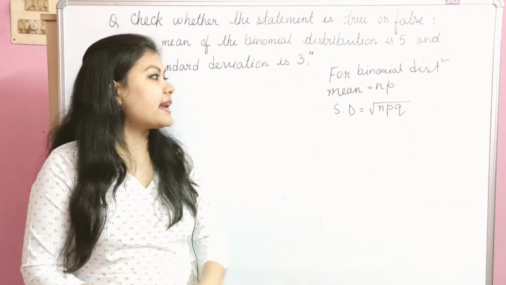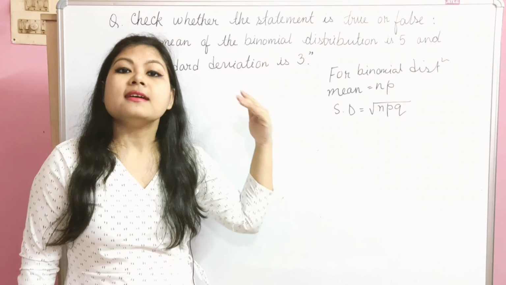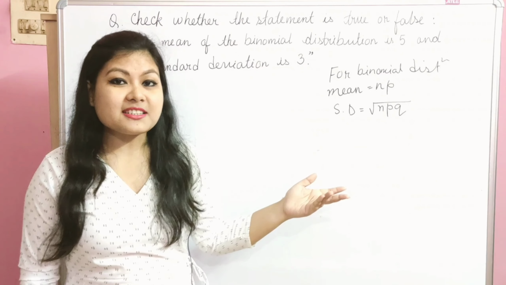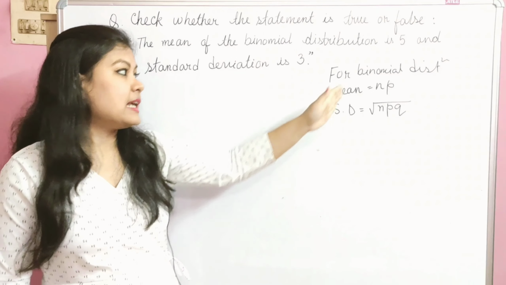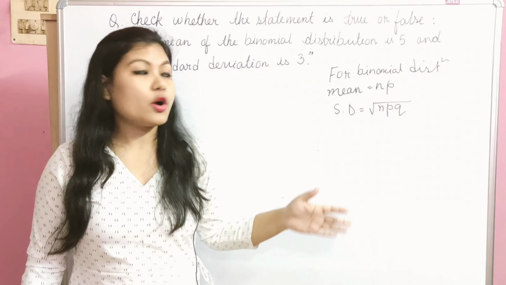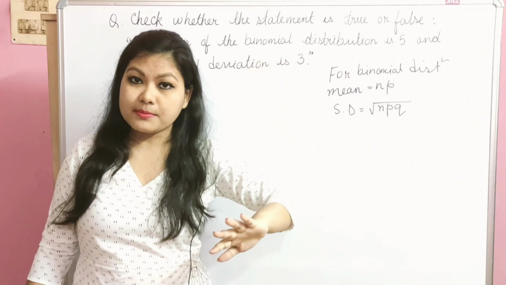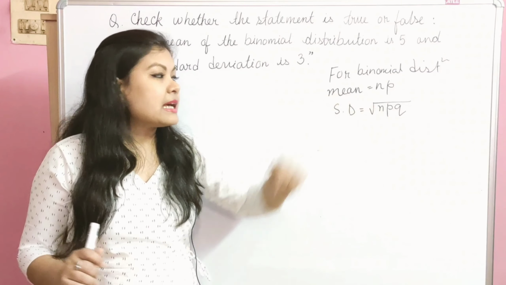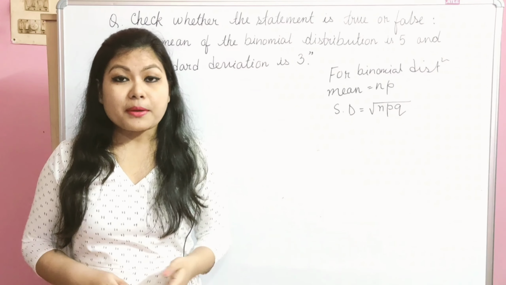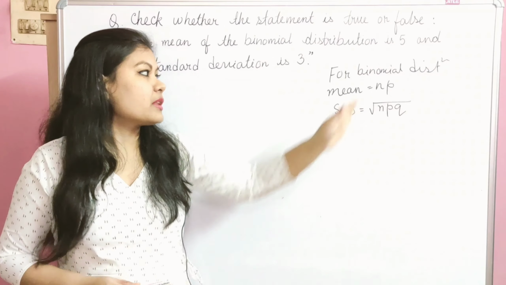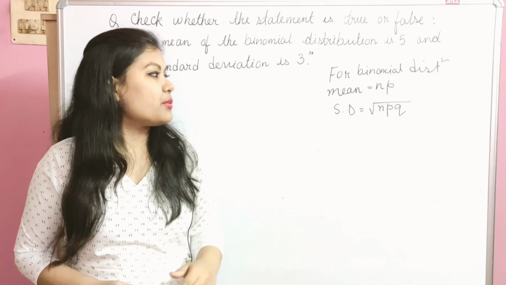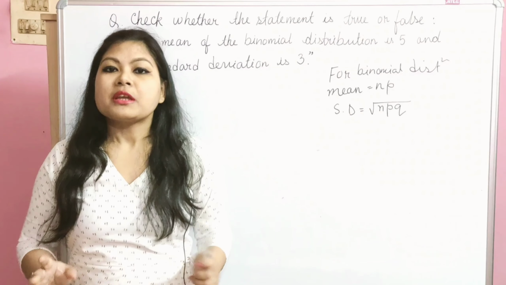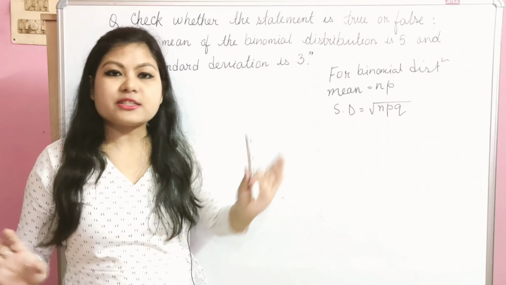Here n is the number of trials, p is the probability of the success value, and q is the probability of the failure value. So mean is equal to NP and standard deviation is equal to root NPQ. We have only these two formulas.